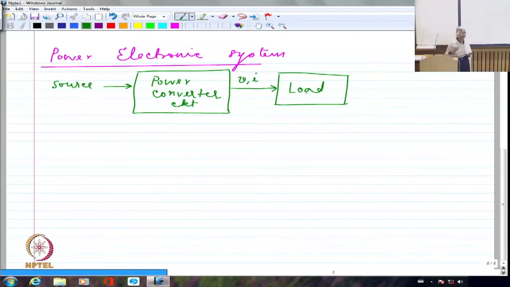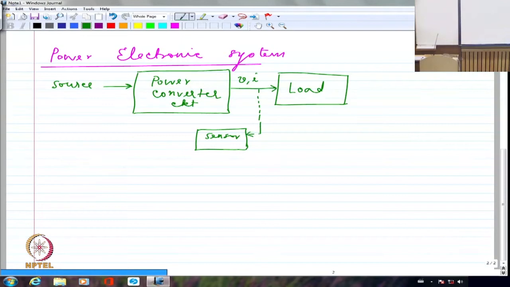Now the load might require only 5 volts. It may require 400 volts and 50 hertz, line to line voltage, if it is an induction motor. It might require maybe 25 hertz and 200 volts if I want to run it at lower speed. So I need to know the requirement of the load. So what I will have here will be a sensor or a transducer, to sense the voltages and currents.